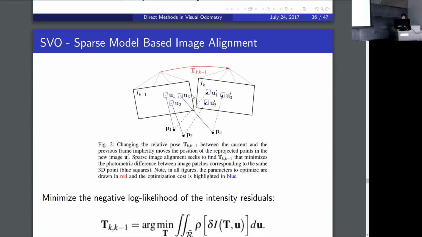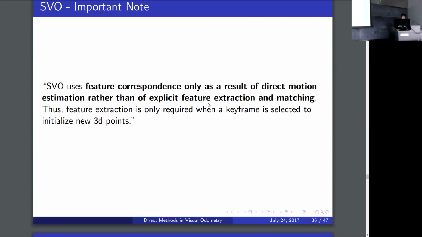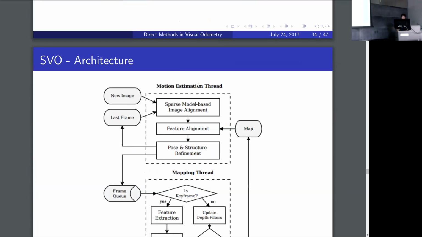So I'll quickly cover the motion estimation aspects. There are 3 steps.